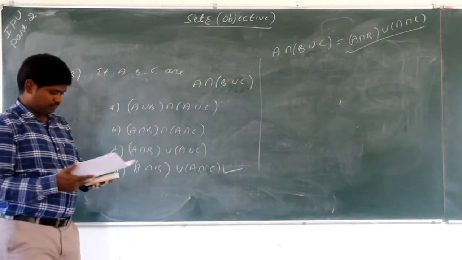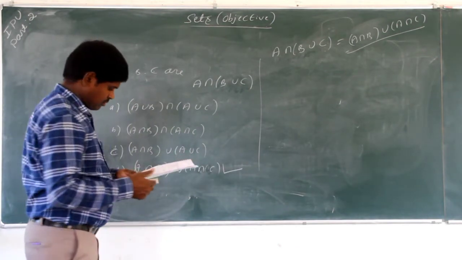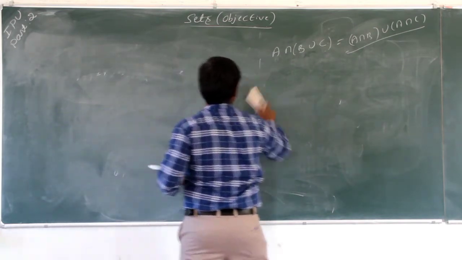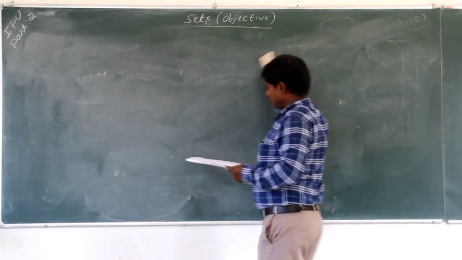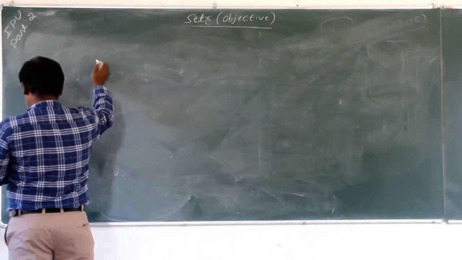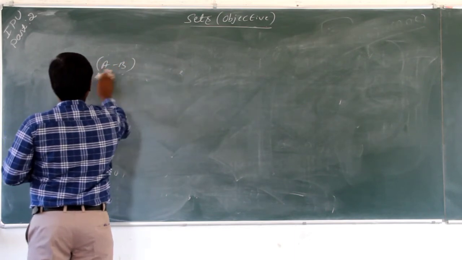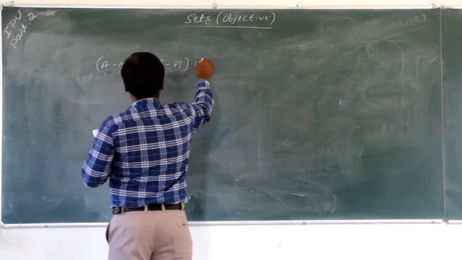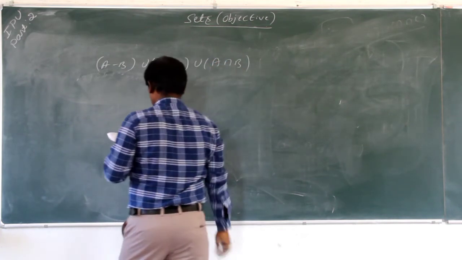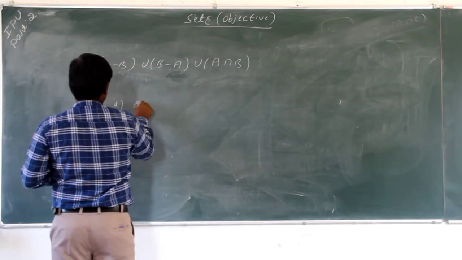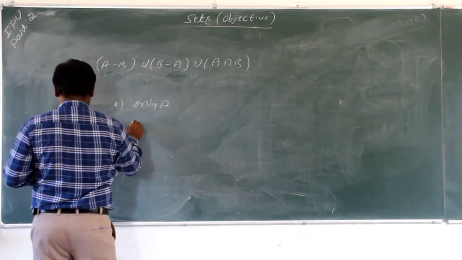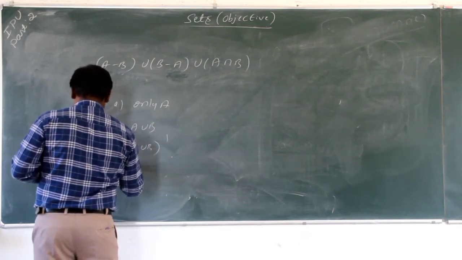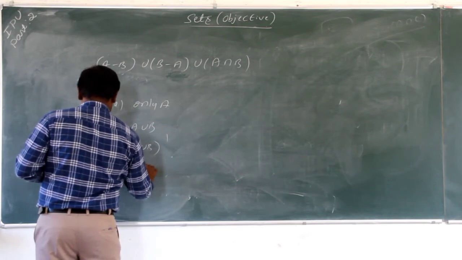Okay. And next, question number 24. A and B are two sets, then A minus B union of B minus A union of A intersection B is equal to: option A is only A, option B is A union B, option C is A union B whole dash, and option D is none of these.